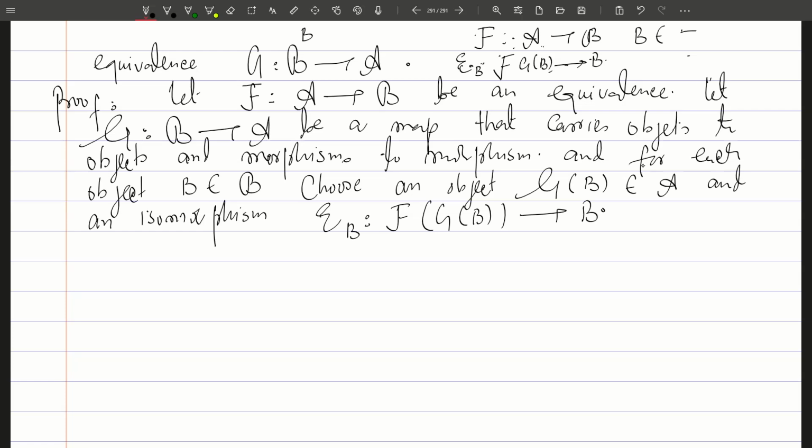Now to prove G is a functor, we first have to prove it preserves the identities and compositions. Since F is an equivalence, F is full and faithful.